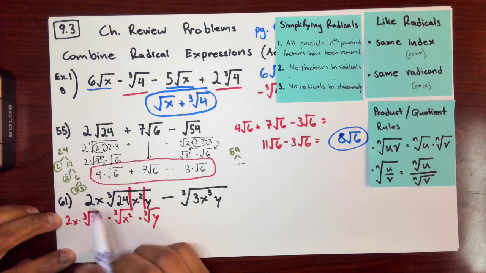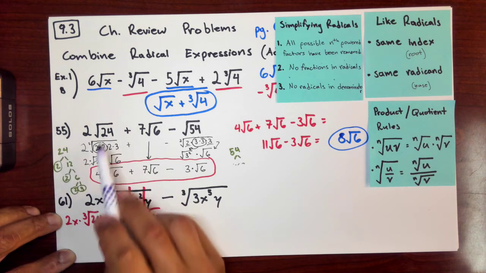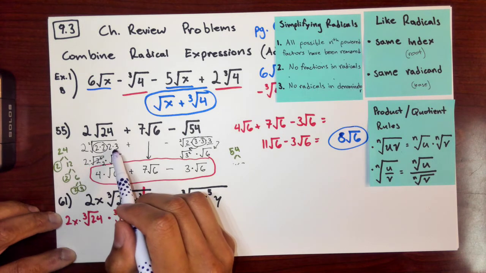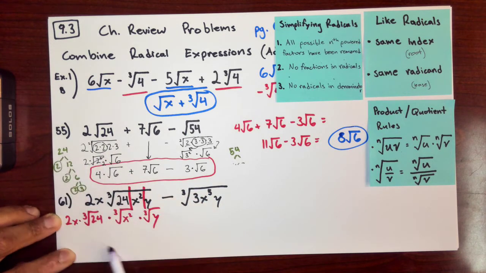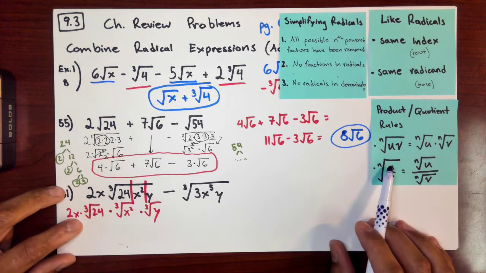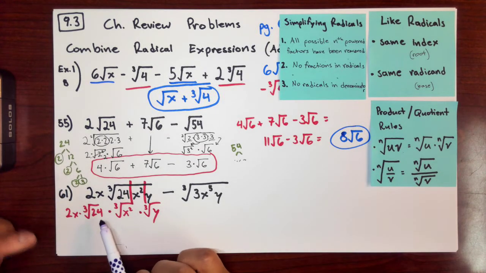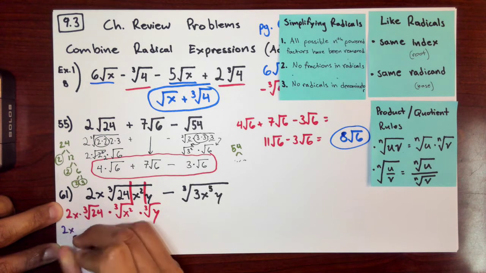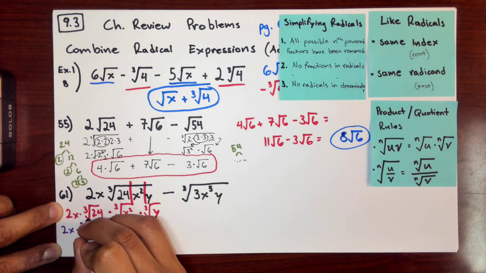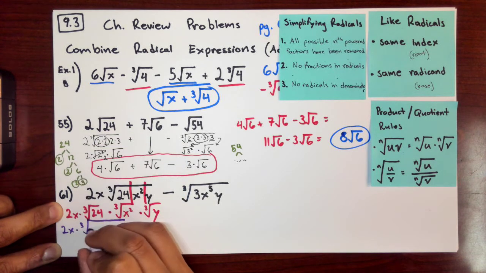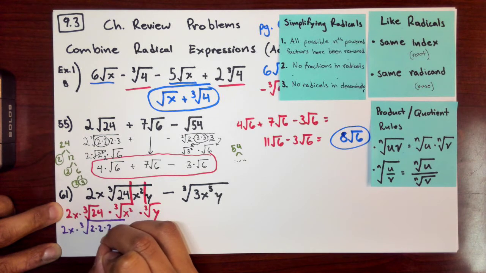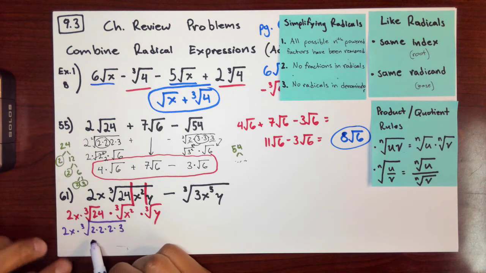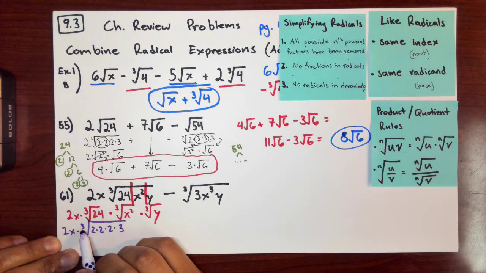The cube root of 24. We kind of just did the same exact thing up here, right? We don't need to redo the factorization of 24 because we already made our factor tree up here. So here we have the cube root of 24. We're just going to break that up just how we did before. Rewrite this 2x. It's going to be times the cube root of whatever 24 breaks up into. So 2 times 2 times 2 times 3. But in this case, we're going to be looking for groups of 3.